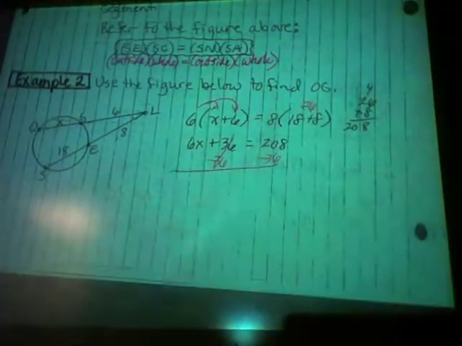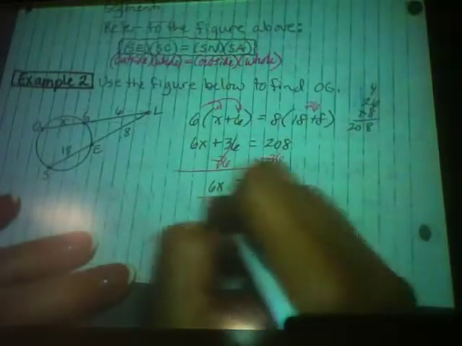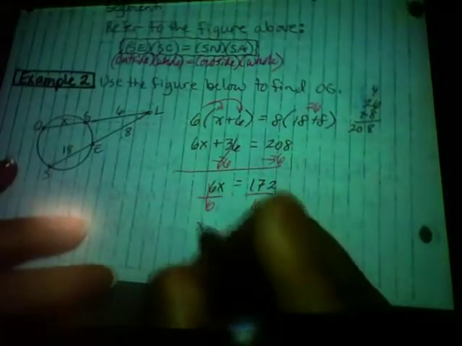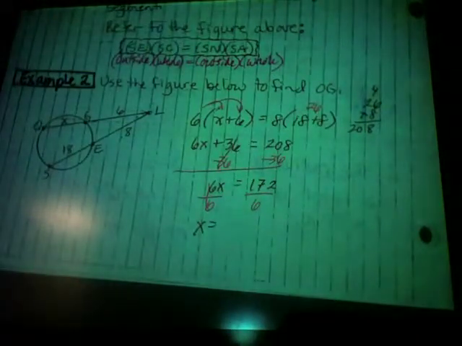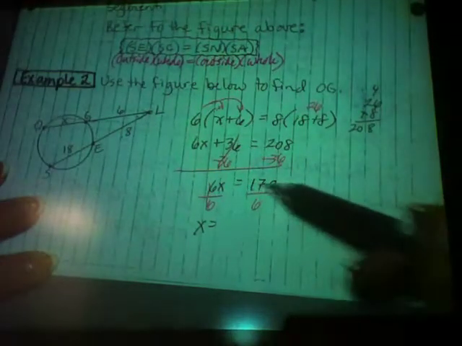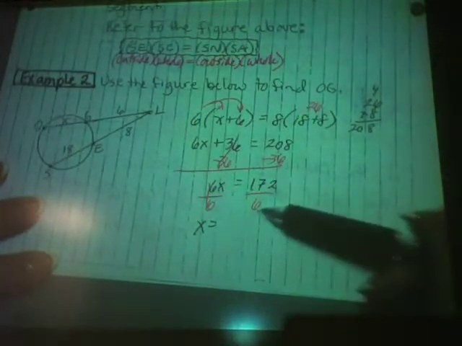Again, you should not be using a calculator for tonight's homework. I especially don't want to see decimal answers. So on this one, I know that 2 goes into both 6 and 172, but I know that 3 doesn't, because 1 plus 7 plus 2 is 10, and 10 is not divisible by 3, and that's the other part that divides into 6.